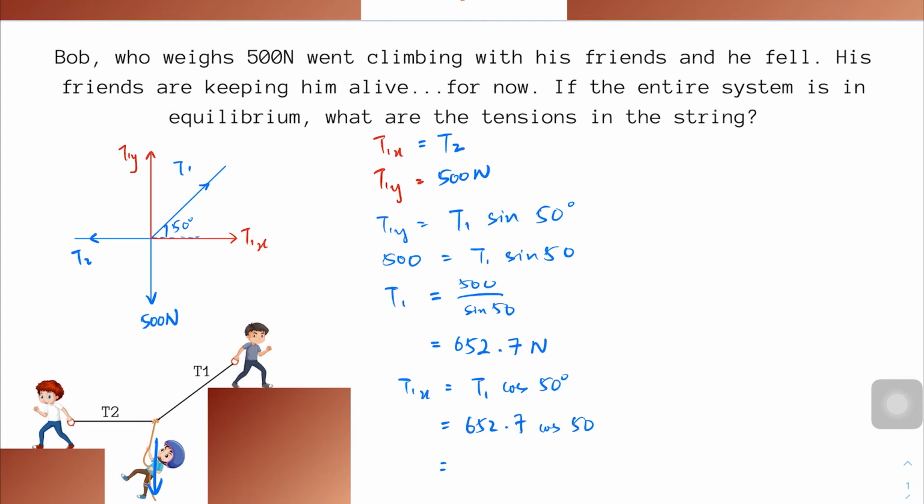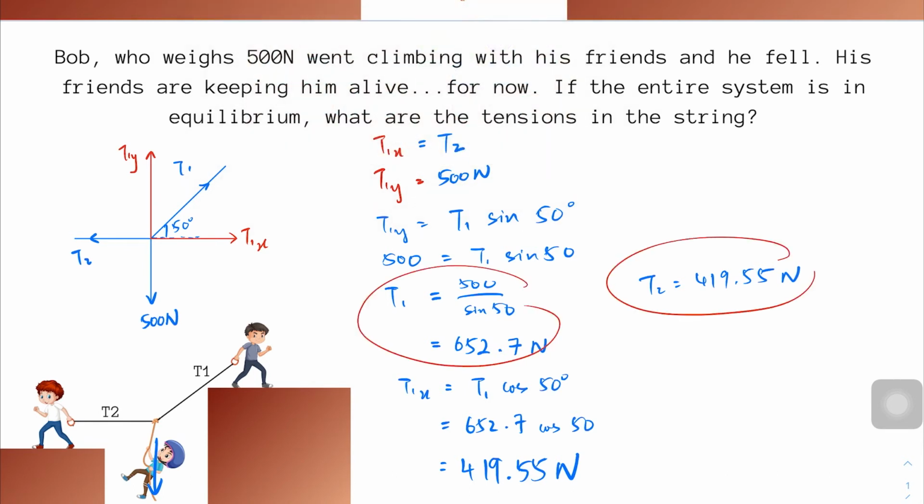So now I will get 419.55 newtons. We also know that T1x is equal to T2. So that means T2 is equal to 419.55 newtons. So that is how I get T1, and that is how I get T2.